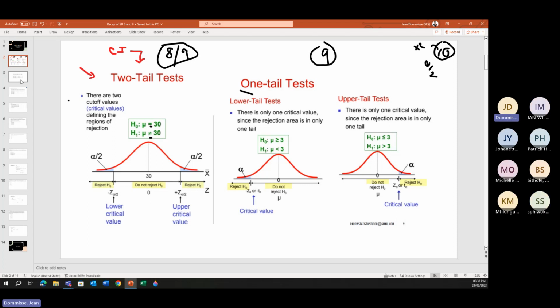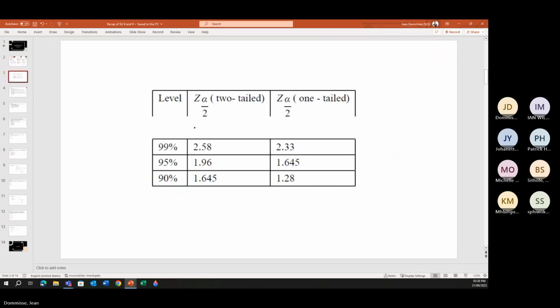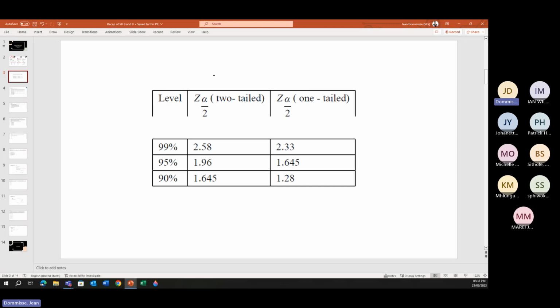Okay, cool. Then the other thing that I wanted to share is just some of the numbers. Again, this is from one of the tables within your study guide. When we work with one tail and two tail, you don't need to go and search for numbers.